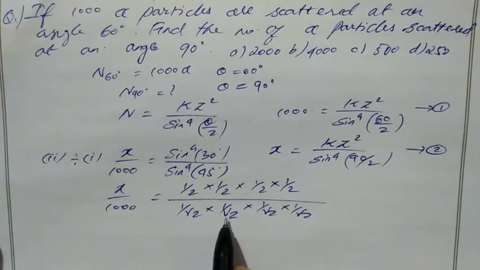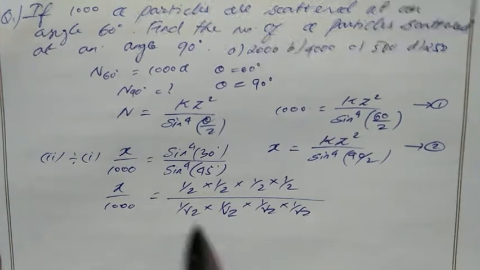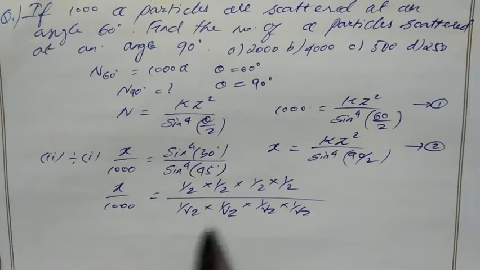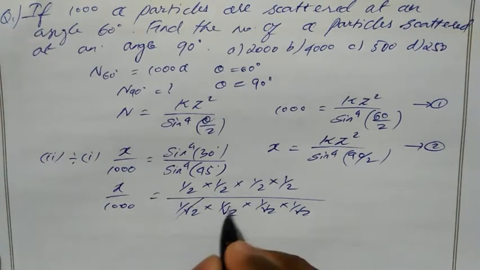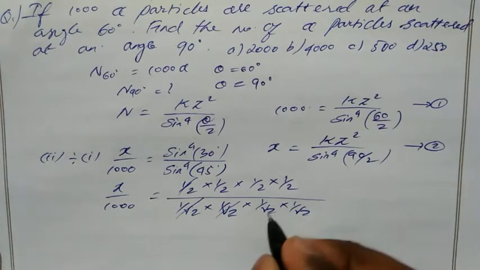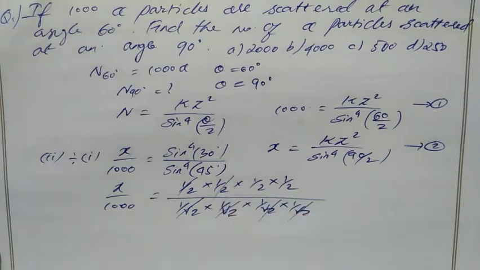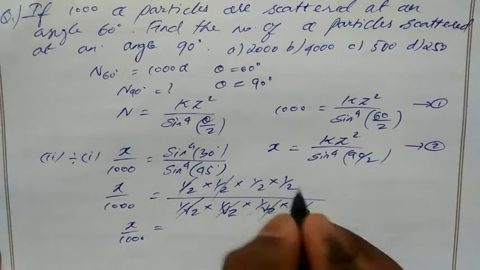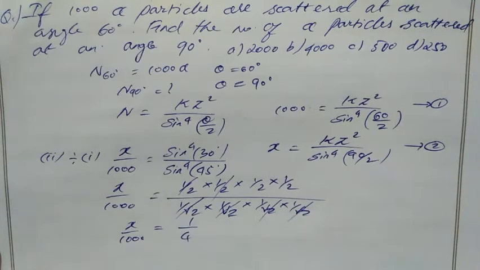So we know 1 by root 2 into 1 by root 2 will be 1 by 2, correct? Root 2 gets cancelled, then we have 2. So for 2 1 by 2 we can cancel 1 by 2. Then for another 2 1 by root 2 we can cancel another 1 by 2. So we are left with x by 1000 equal to 1 by 2 into 1 by 2, which will be 1 by 4.